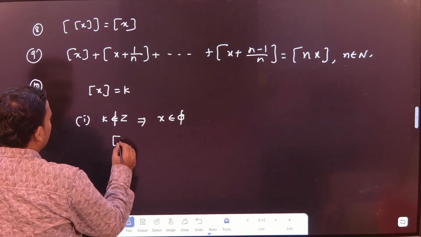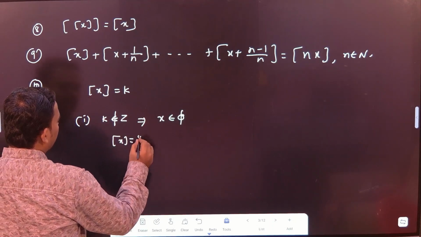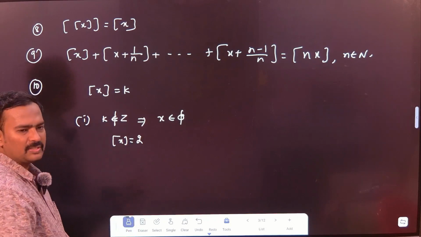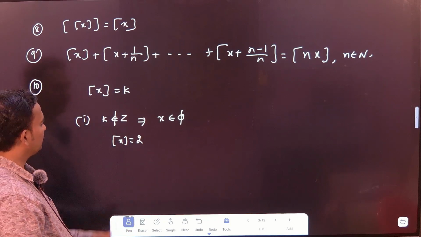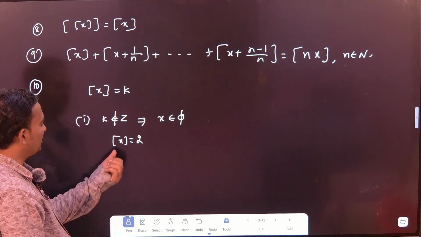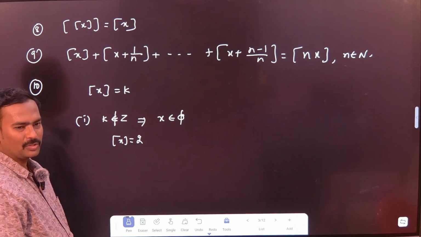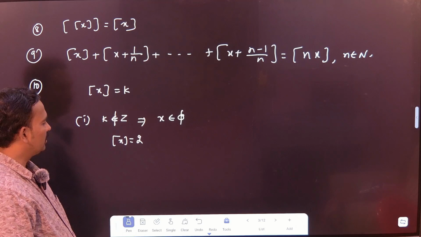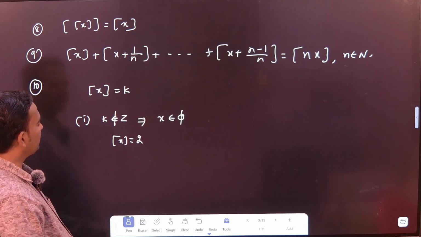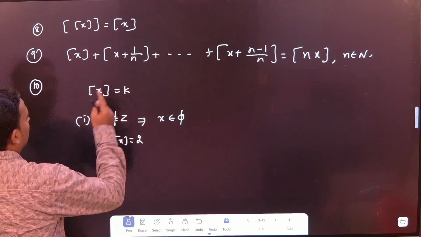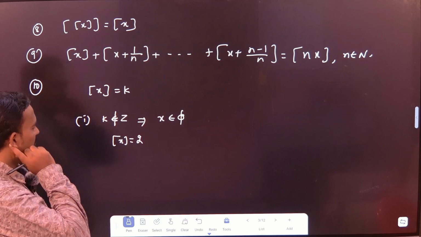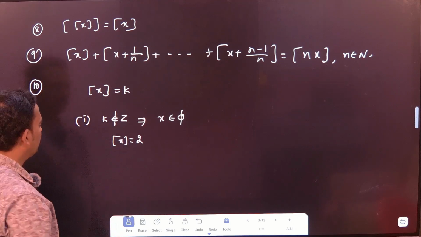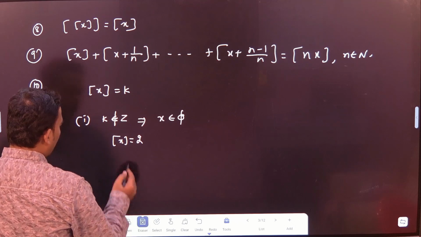For example, greatest integer function is equal to k, suppose 2. If 2 does not belong to integer, what does it mean? It's not possible, right? 2 belongs to integer. There is no such x value such that the greatest integer function is equal to that k, because you know that the greatest integer function is an integer value. This is not possible, right?